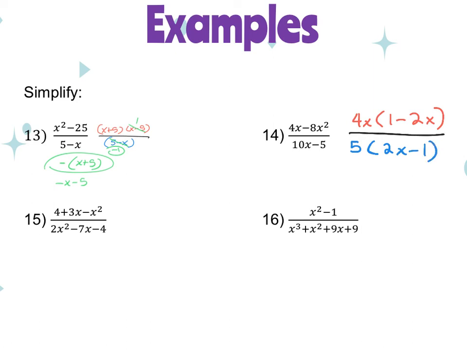Now I'll look for things to simplify, and I can actually simplify this again, make this a 1, this a -1. It really doesn't matter which one you divide by the -1. Either way, you get the same answer. So then if I multiply these two, I end up with -4x in the top over 5, or I can put just the negative sign out front.